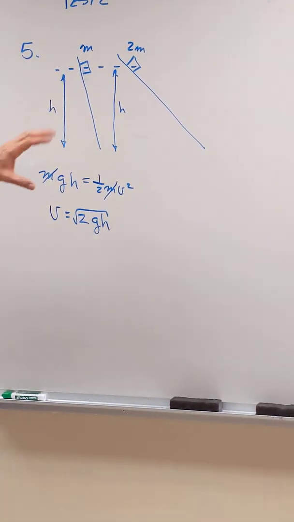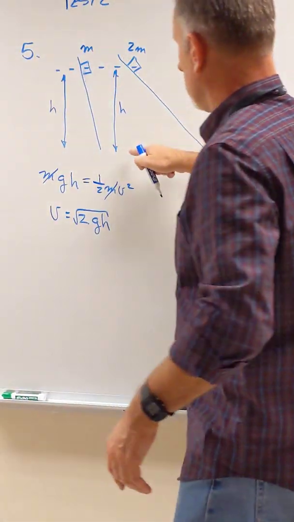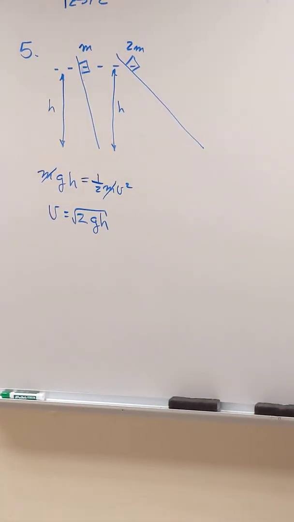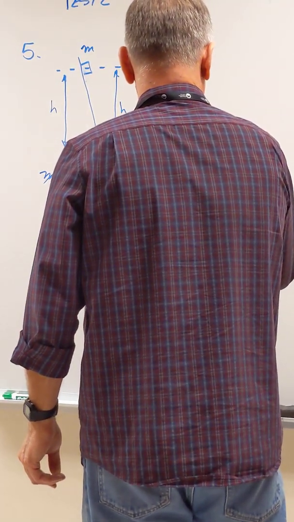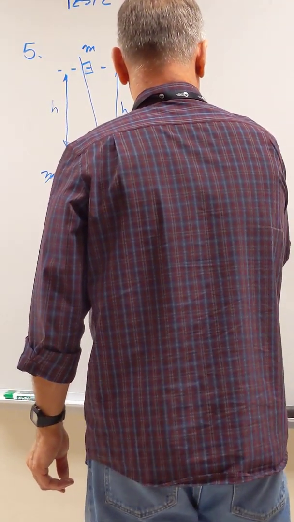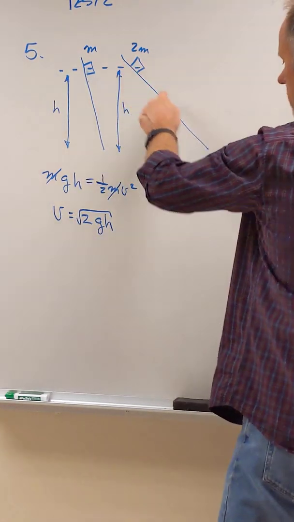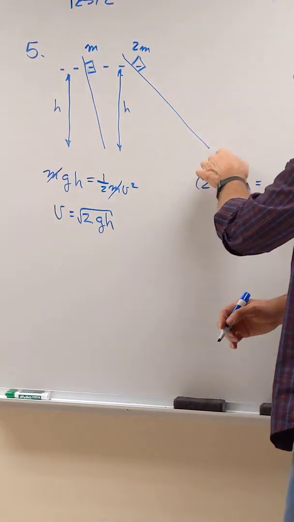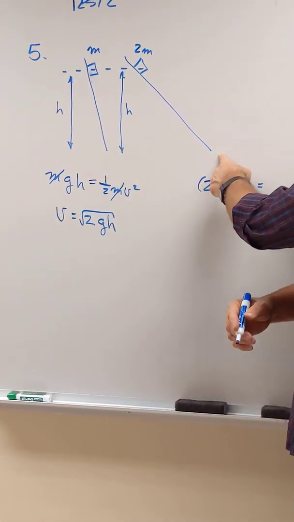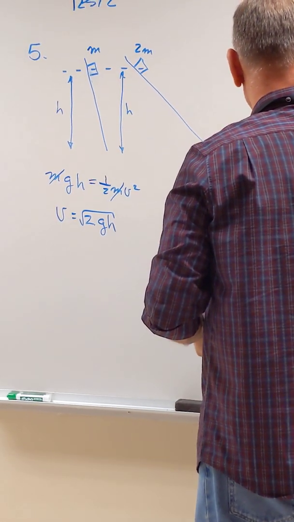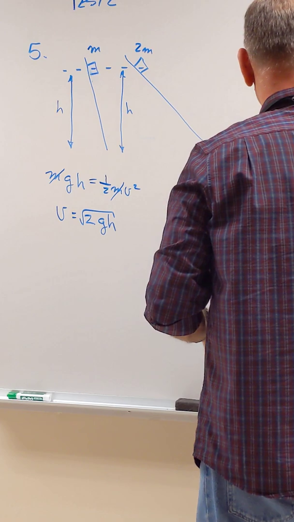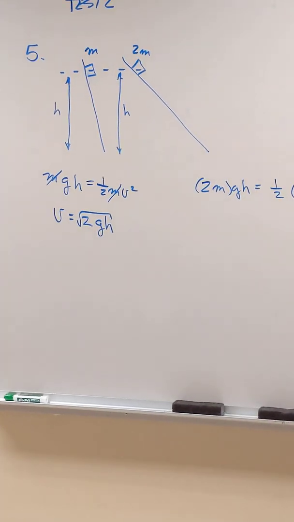Now if I do this with the second mass, how much energy is in the system for this guy? 2mgh. And then at the bottom of the ramp, if it's frictionless, all that energy goes to kinetic energy. 1/2 times 2m v squared. What do you notice?